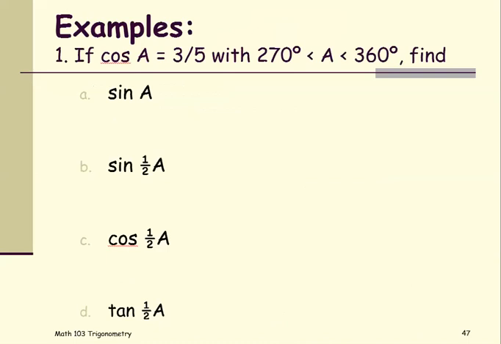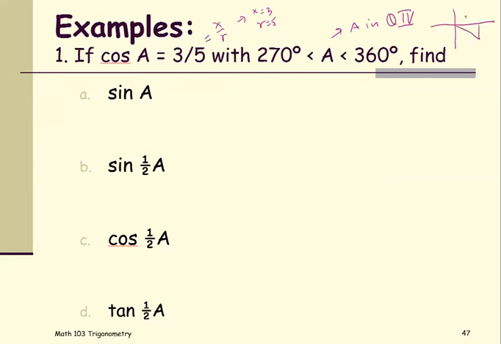Examples. The first one: if cosine A is 3 over 5, with A between 270 degrees and 360 degrees, or we can say that A is in the fourth quadrant. For the cosine A, which is 3 over 5, by definition it is x over r. That means x equals 3, r equals 5, and A is in the fourth quadrant.